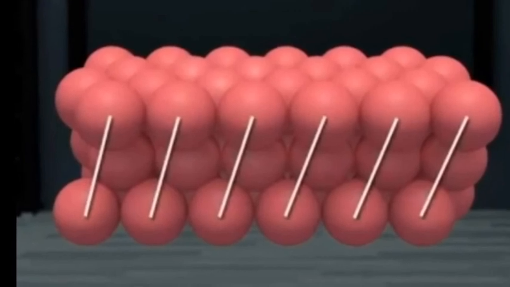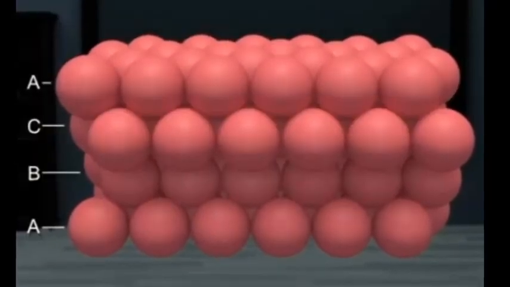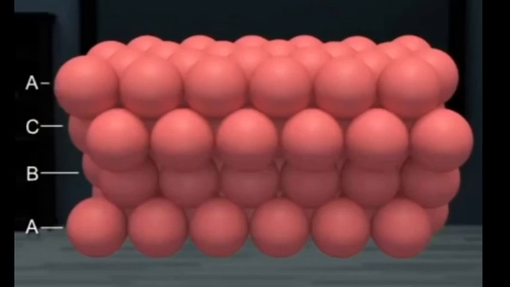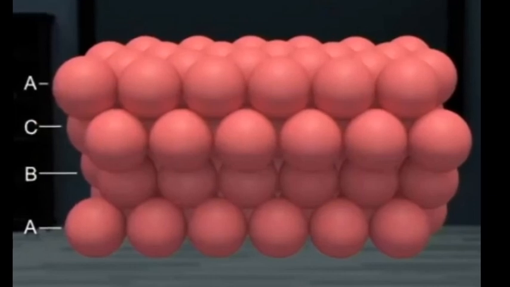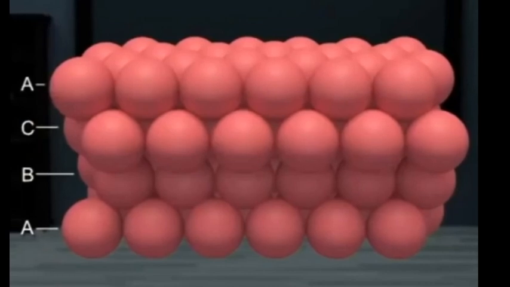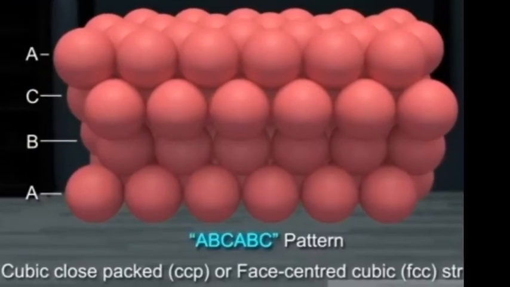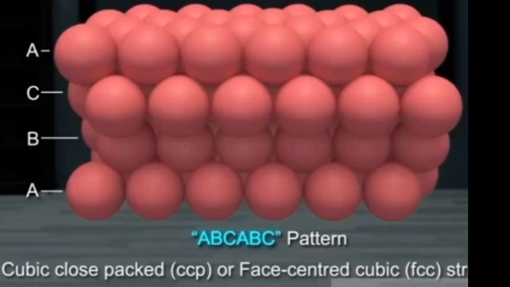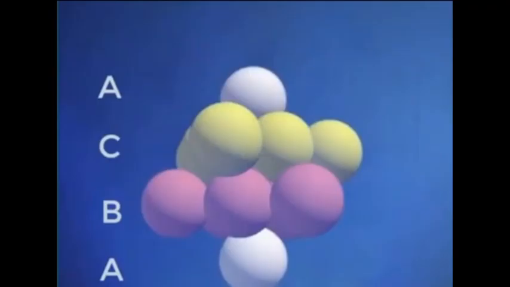If first layer is denoted by A, then second layer is denoted by B and third layer by C. Now if fourth layer is placed above the third layer in such a way that spheres of fourth layer cover the octahedral voids of third layer, then it is observed that arrangement of fourth layer is similar to the arrangement of first layer, so that fourth layer is also denoted by A, similar to the first layer.